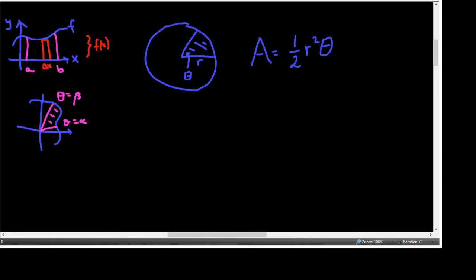But what we can do, let me draw a little bit bigger picture of that. What we can do is, if this is our curve, and I'm not going to draw the alpha and beta, but if I draw in a representative sector, kind of like drawing in a representative rectangle, we'll have to treat one of those two as the radius of the circle.